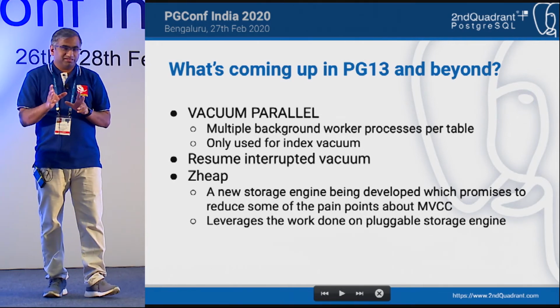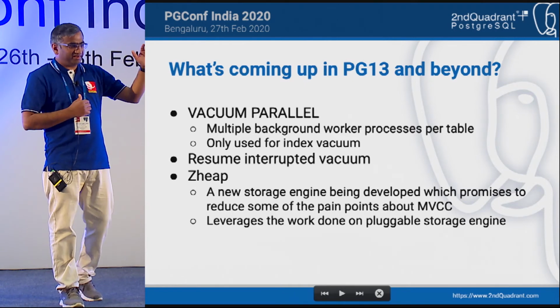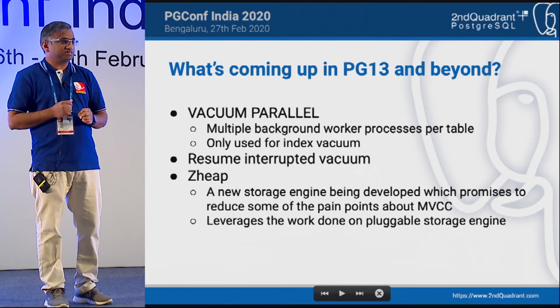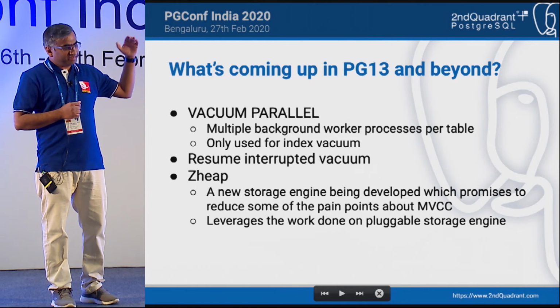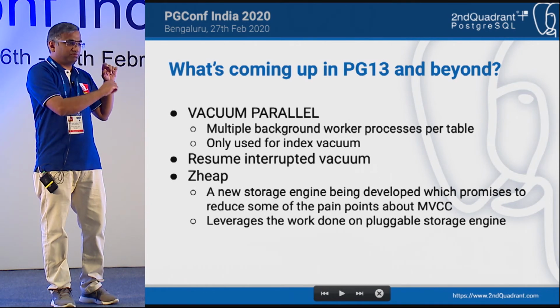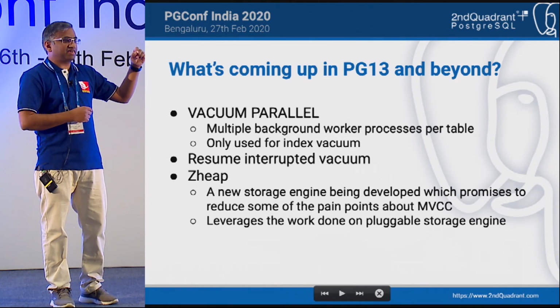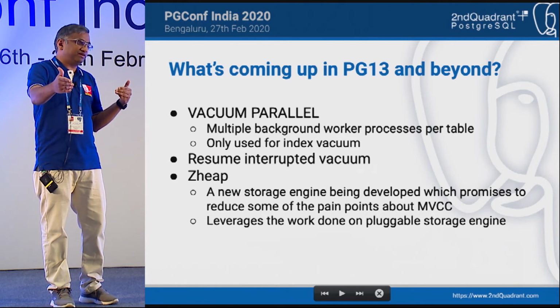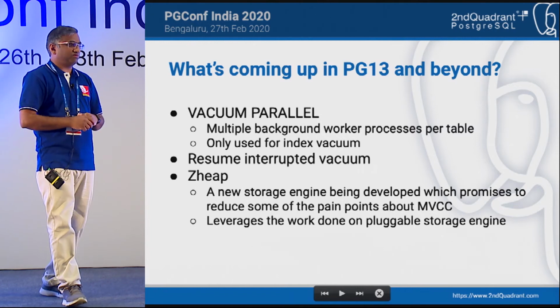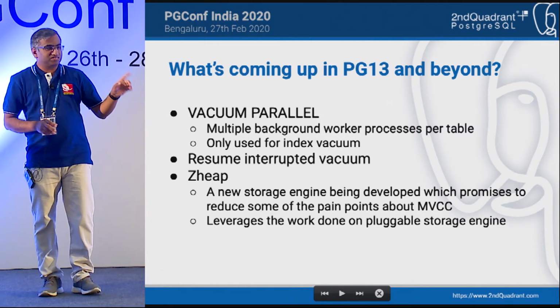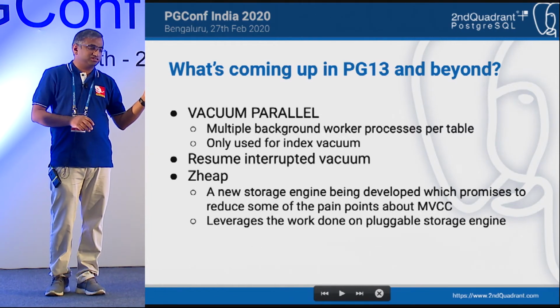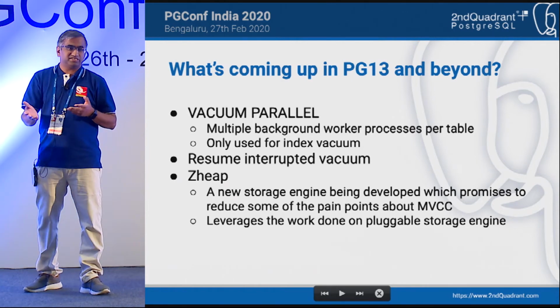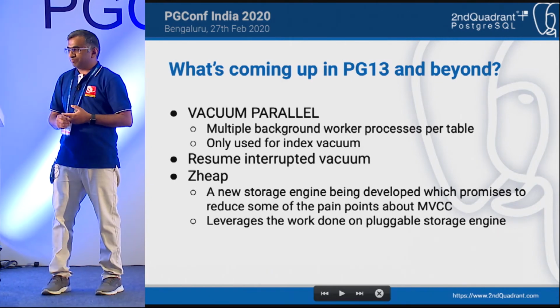It still can't scan the main table with multiple background processes, but if you've got multiple indexes on the table, it can use multiple processes to scan multiple indexes concurrently with the parallel option. So if you have just one index, it doesn't make sense to use the option, but if you've got multiple indexes, I would suggest you look at this.